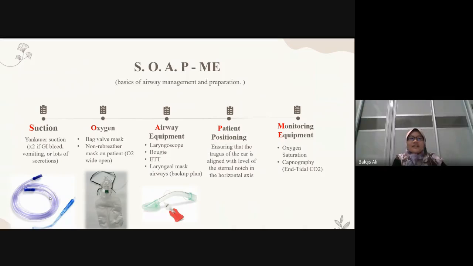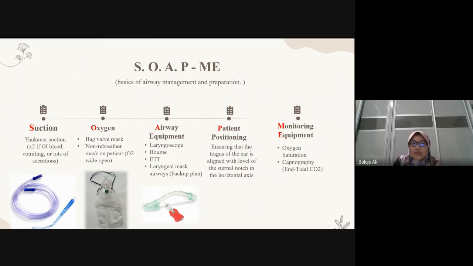First is suction. For suction, we need to make sure to have it, either an open suction tubing without any suction tip at the end, or a Yankauer suction tip. And then O is oxygen, giving oxygen supply by using a bag valve mask or a non-rebreather mask.